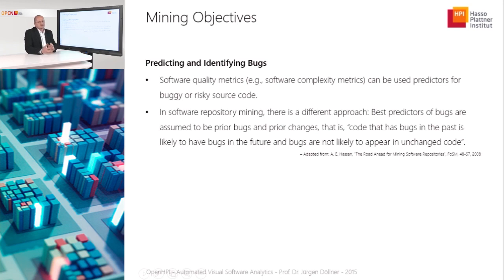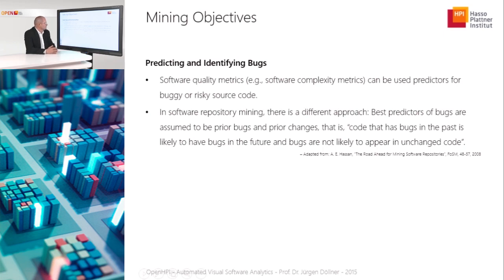What you see here is that mining software repositories offers a completely complementary approach. You could, for example, identify and predict bugs based on software quality metrics. This is the traditional way, so to say. But there's also a complementary approach that simply says, well, let's look at what happened in the past.